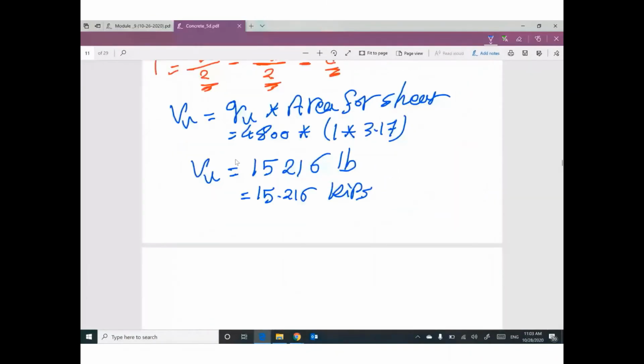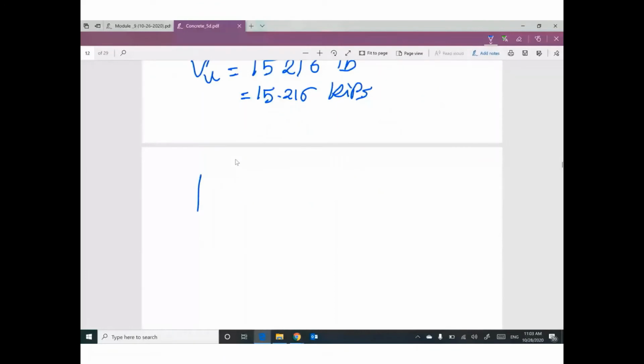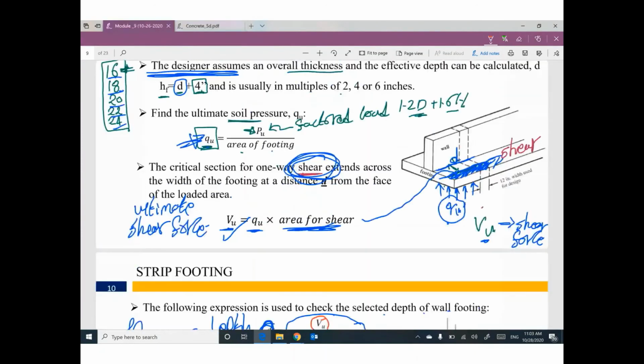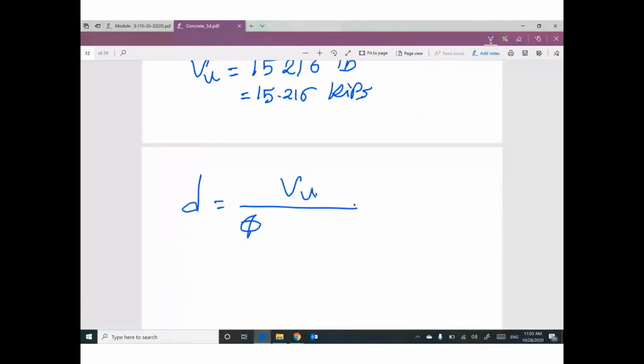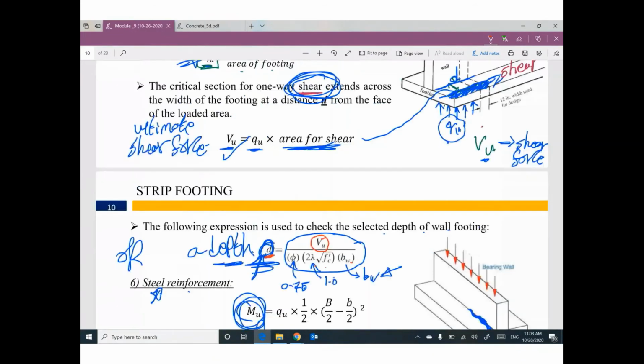Depth equals V ultimate divided by phi, I cannot remember the expression, 2 lambda square root f prime c b web. Okay.